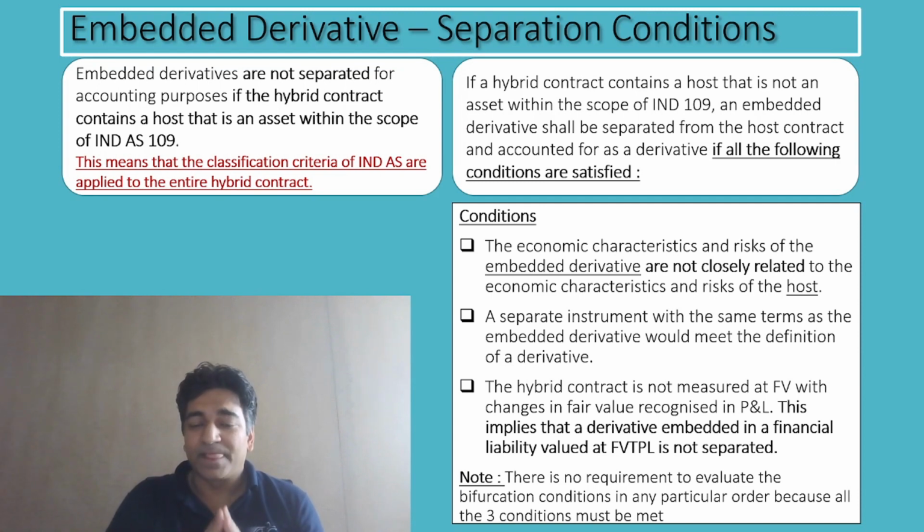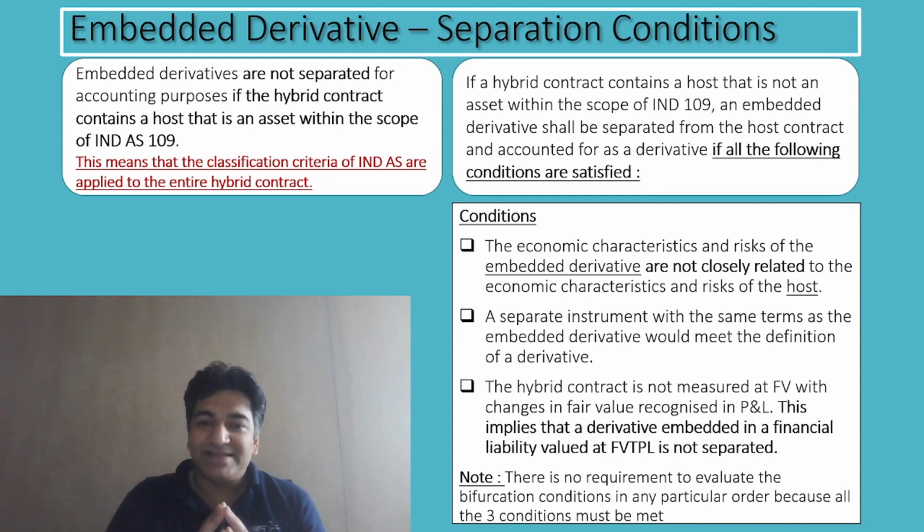Condition number three, the hybrid contract is not measured at fair value with changes in fair value recognized in profit and loss. This means that a derivative embedded in a financial liability valued at fair value through P&L is not separated.